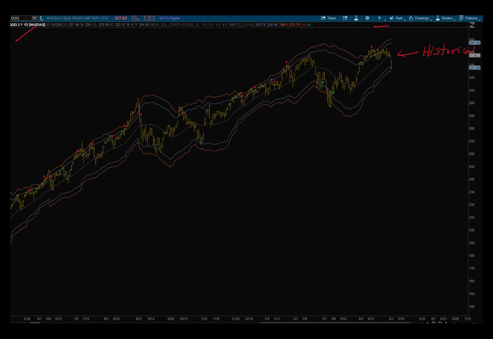So it's historical volatility, a 21-day moving average. And then we have 3 standard deviation bands, 4 standard deviation bands, 3 standard deviation, 4 standard deviation. On a daily, we get buy signals and sell signals, and we are getting sell signals right up here. So that's the second chart.